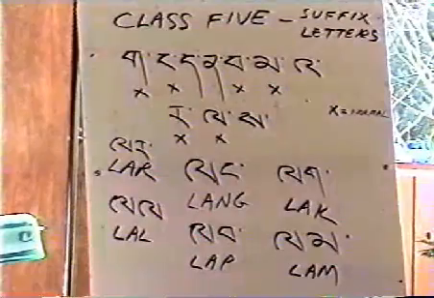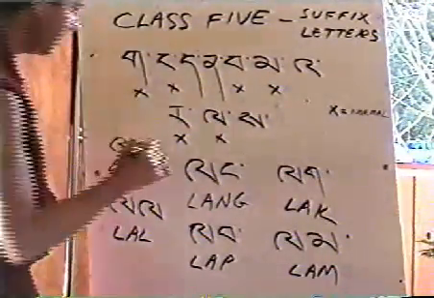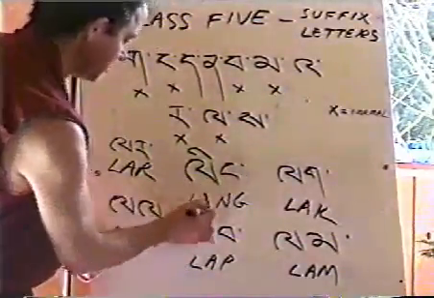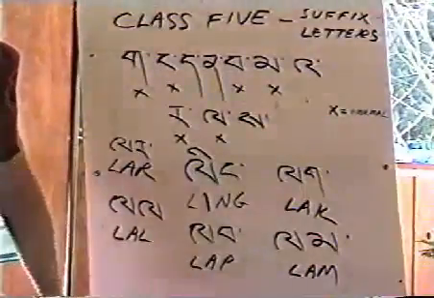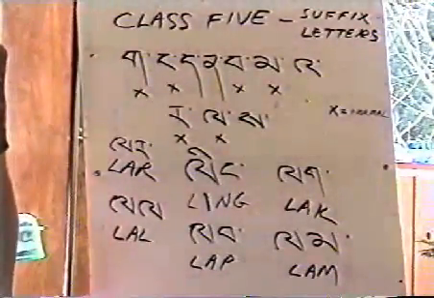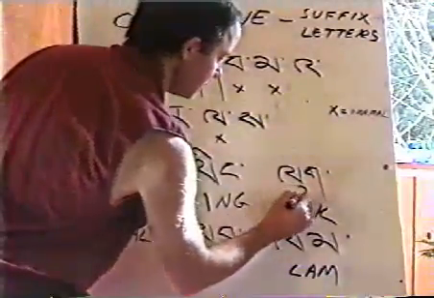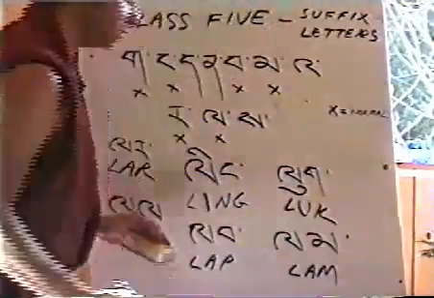Let's start adding vowels and see if anything gets weird or not. Okay, let's stick a giku on here. It changes to ling. No problem. Ling. Predictable. Let's stick a shakyu over here. And you got Luke.